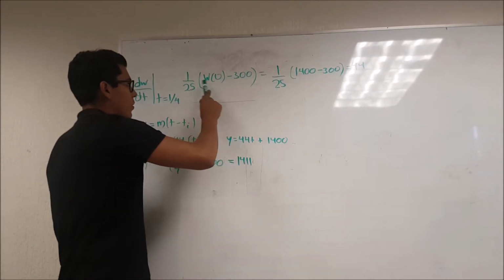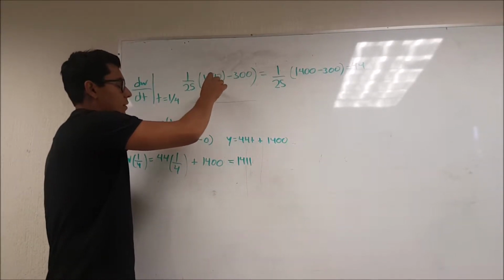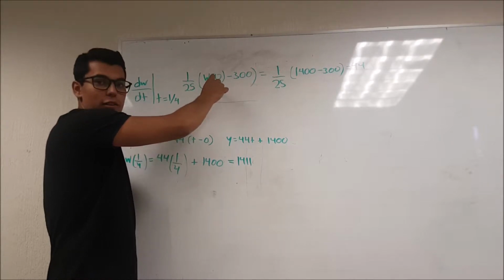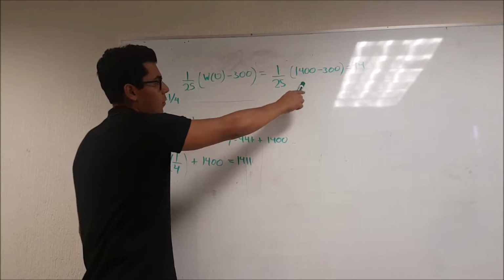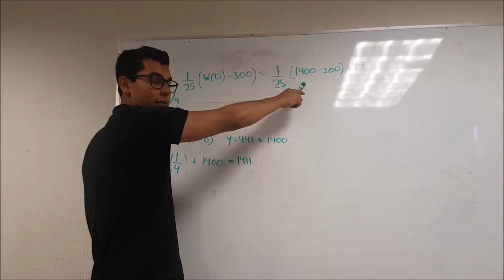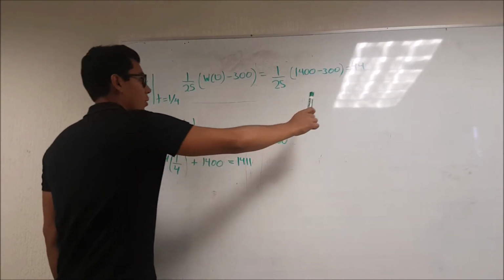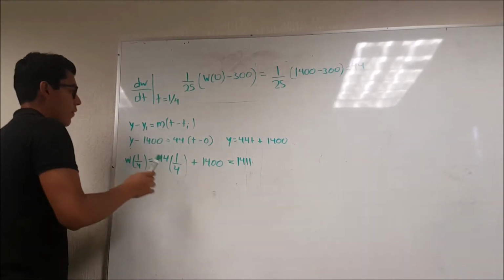So the approximation when the amount of waste at the landfill is when time equals 0, it is 1,400 tons. So we get that the slope is 44.